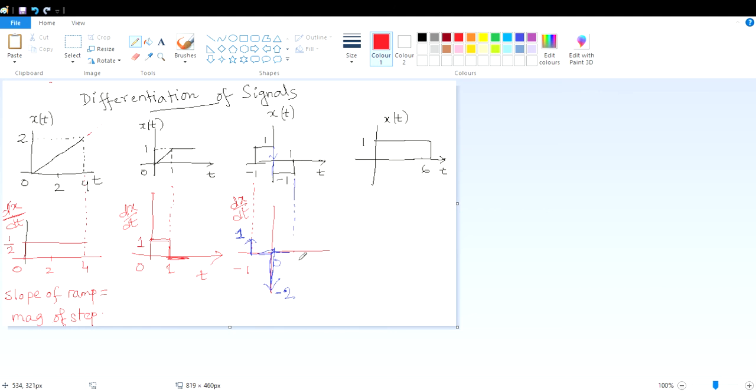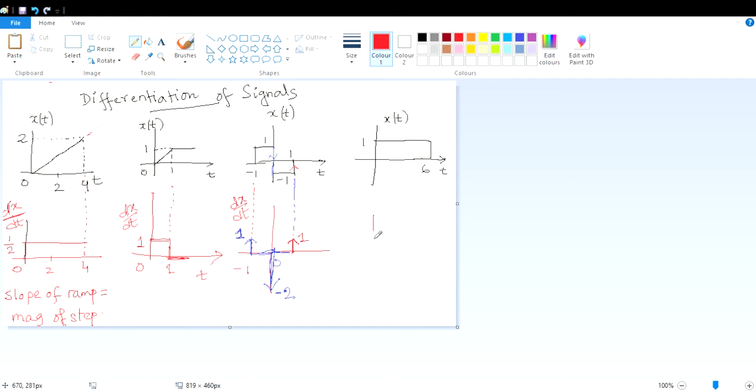What is the criteria? It is going from -1 to 0. That means there is a positive step, positive magnitude, because it is going from down to up. So the weight of the impulse will be 1, but the direction will be upward. So it will be +1. If you integrate these impulses, you will get this type of step signal. If you differentiate this step signal, you will get these impulses.